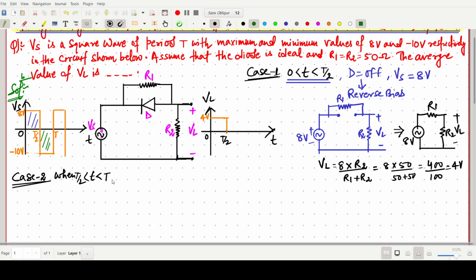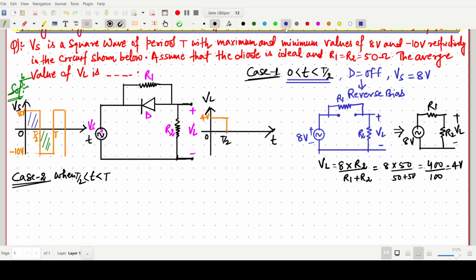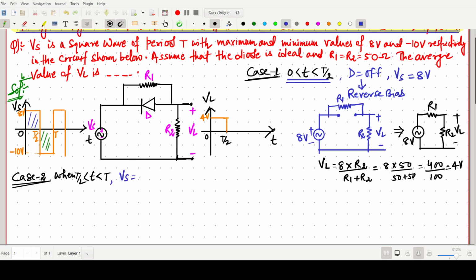In this case, the value of Vs is simply minus 10 volt, and this is negative, so the diode will be in forward bias, and D will be on.